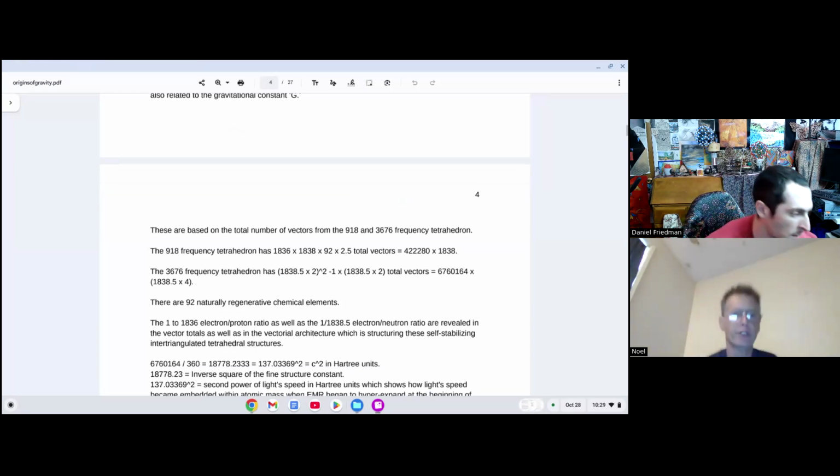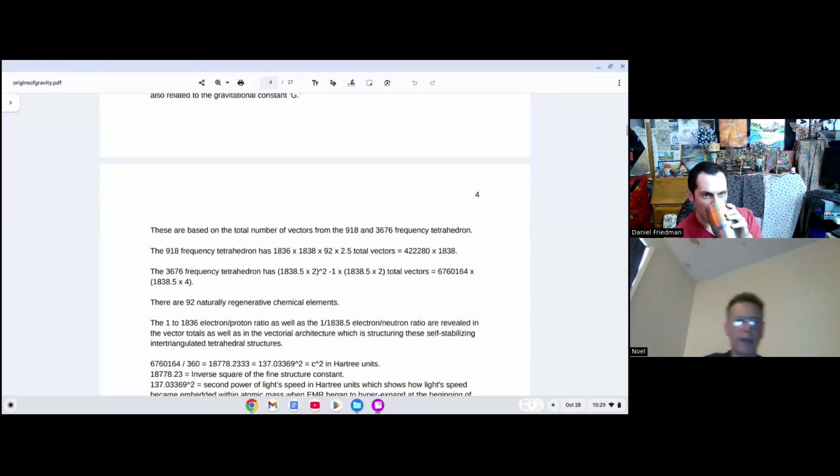The other two scales that this whole work is based on: the second scale is based on the 918 frequency tetrahedron, and it has this total number of vectors, 1836 times 1838 times 92. And you might recall that there are 92 naturally regenerative chemical elements. The 1 to 1836 electron-proton ratio and 1 to 1838 is very close.